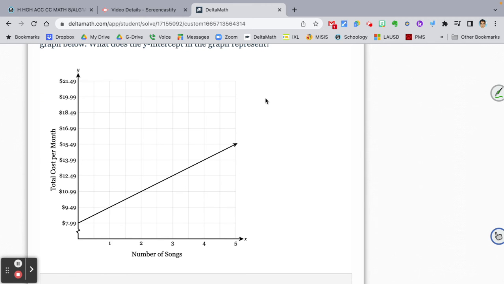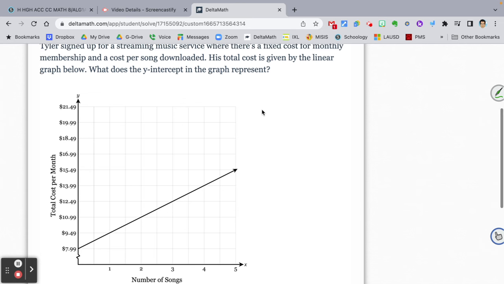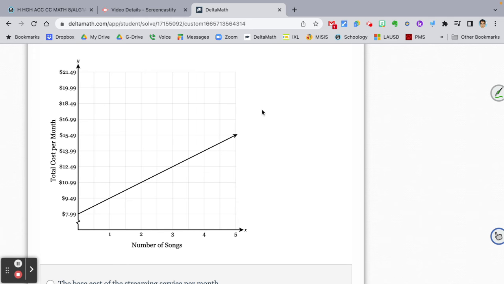Okay, so let's look at the graph first of all. So it looks like on the y-axis it's total cost per month. And then it's broken down into songs, 1 song, 2 song, etc. And they're asking us for the y-intercept. Where is the y-intercept?